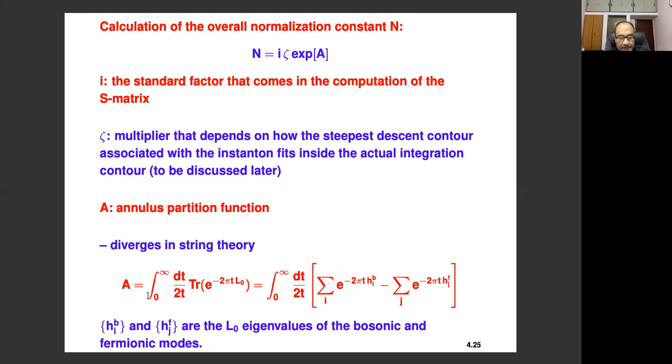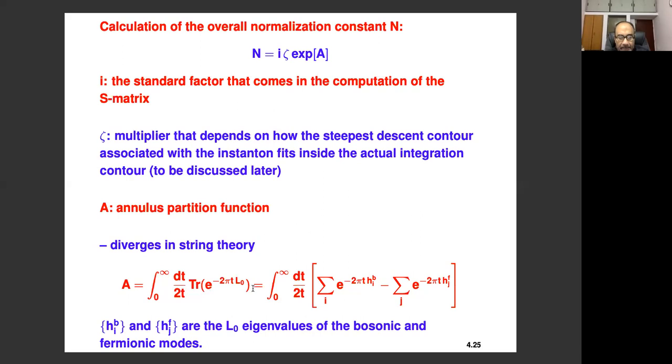So here is the general expression for the annulus amplitude. It's given by this integral over t of e to the minus 2 pi t L naught, with a trace weighted by whether it's for bosonic states, with a plus sign, or for fermionic states, with a minus sign. But otherwise it's the straightforward trace in the worldsheet CFT.